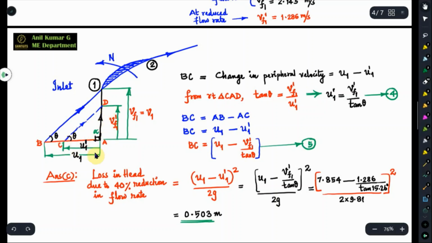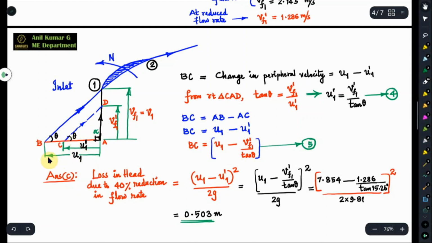So you will get the reduction in the tangential velocity in effect, but we are not reducing the RPM. Actually, the loss of head at inlet can be evaluated by taking the change in the peripheral velocity of these two. So that is U1 and U1 dash. What is U1 dash? U1 dash is this base AC and the original one is U1.